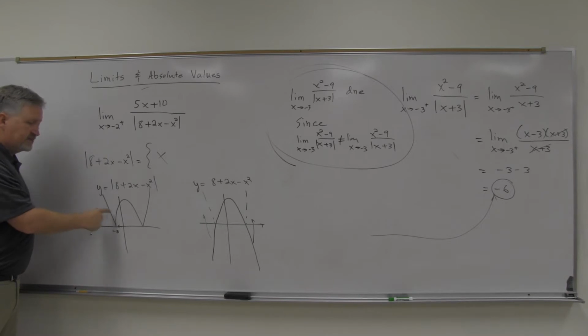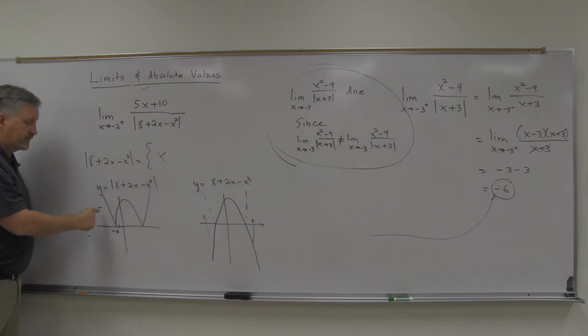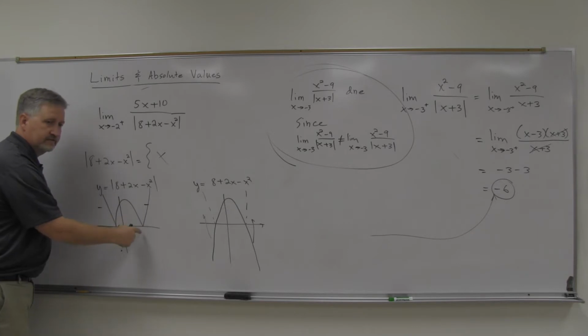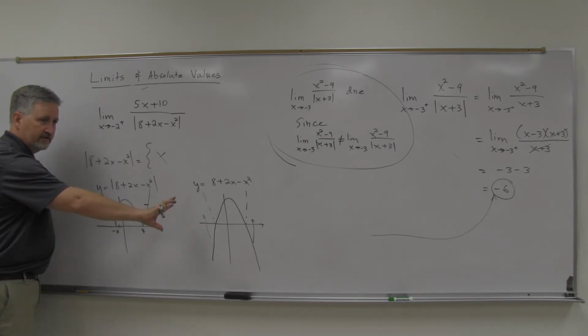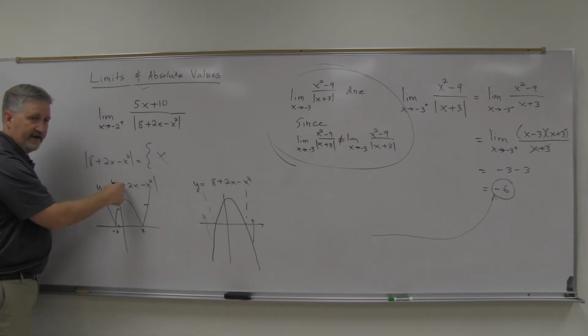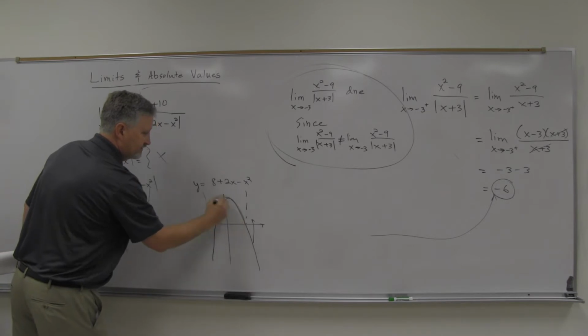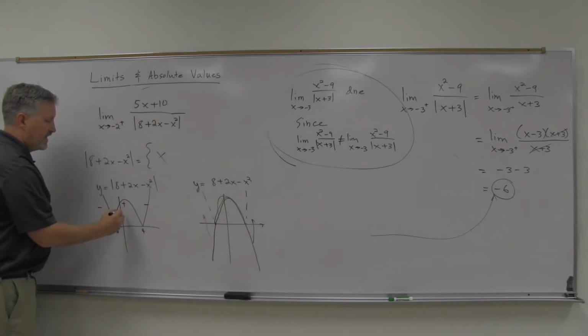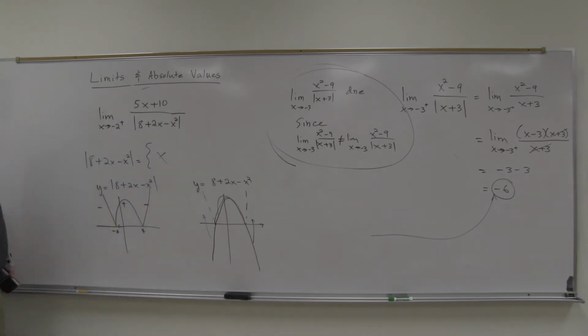Well, if I'm in this range, then I would want the negative of that. You see what I'm saying? I'd want the negative of that. And then if I'm out in this range, I think that's 4, if I'm in the range of greater than 4, I'd want the negative of that. But in here, this piece is not getting flipped over. And so that, I don't want the negative of my absolute value. You with me there?